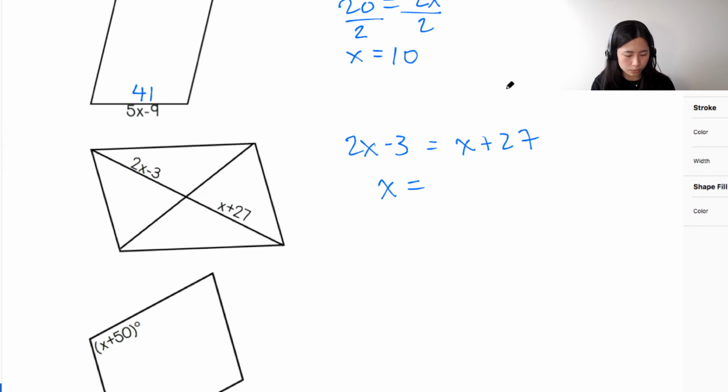That's equal to 30. Okay, then this is 30 times 2, 60 minus 3, 57, right? Yeah, and this has to be 57 as well, right? Because 30 plus 27 is 57.